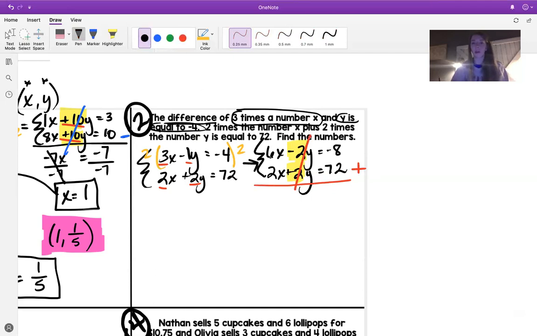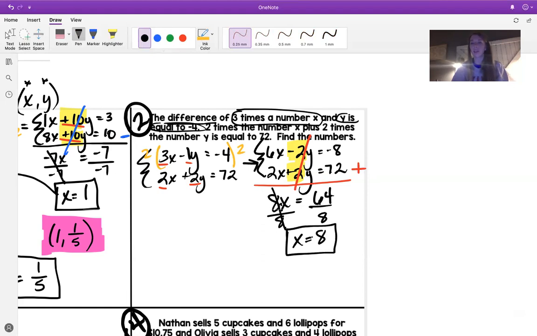So I have a +6x plus a 2x, so that's going to be 8x, equals -8 plus 72, which is going to be 64. Right, then I'm going to solve for x, so I'm going to divide both sides by 8. Those cancel, and I have x equals 8.